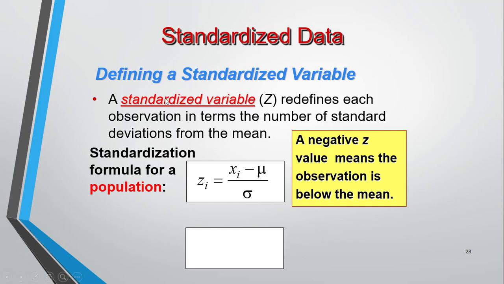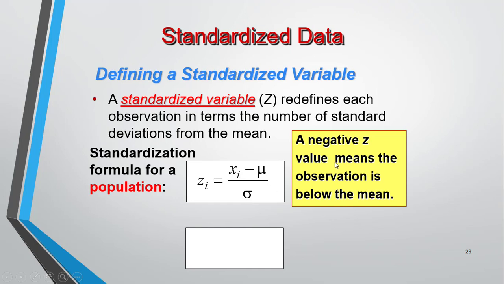Okay? A standardized variable z, called the standardization or z transformation, redefines each observation in terms of number of standard deviations from the mean. So how do you calculate the z-score? Standardization for a population, you use each individual observation xi minus mu, which is the mean, right? And divided by sigma, the standard deviation.